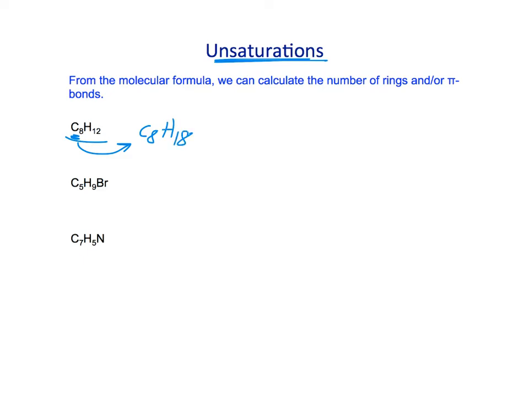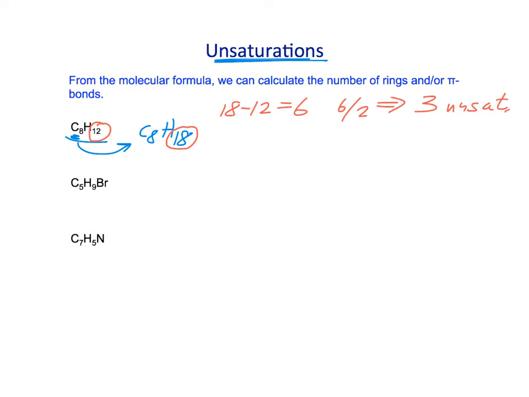Then they compare this 18 to 12. 18 minus 12 equals 6. Every unsaturation is the loss of 2 hydrogens, so we divide that by 2. 6 divided by 2 means we have 3 unsaturations.